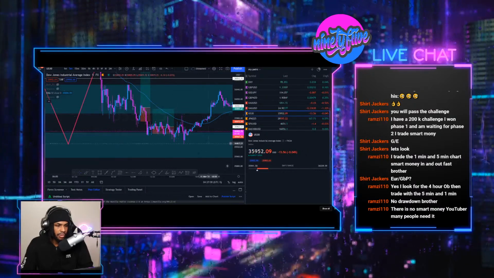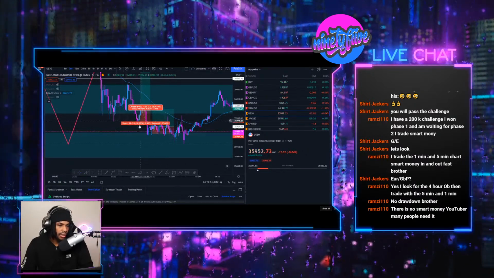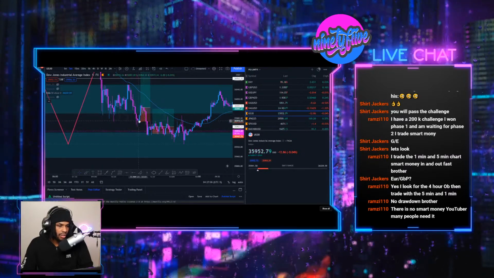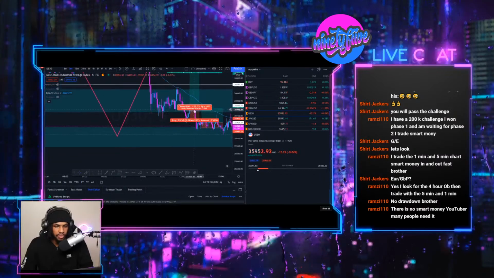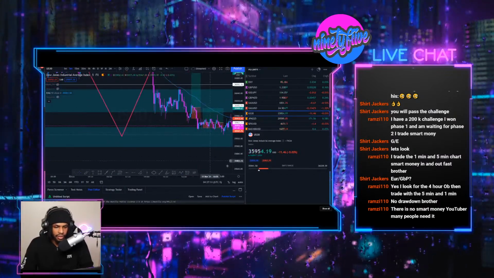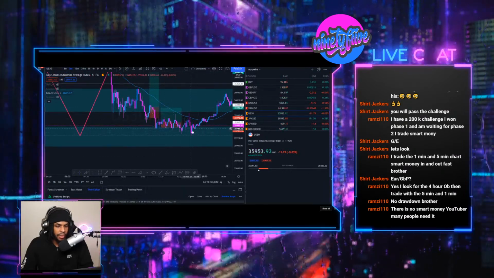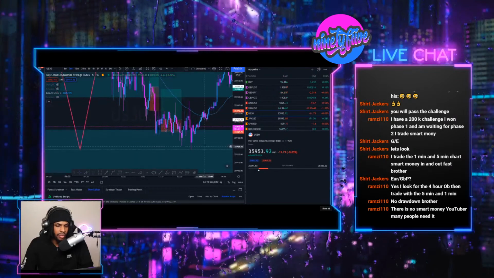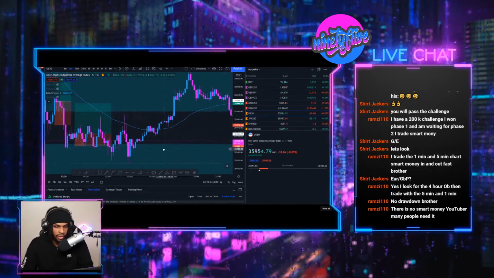I was kind of in between these areas, with no real break of structure. I think I just saw the bullish candles pushing up and didn't want to miss the move, so I just wasn't patient on that one. That was a bad trade that could have been avoided. I probably could have taken that L up here somewhere or saved that risk for another move, because one more move and I would have caught this.